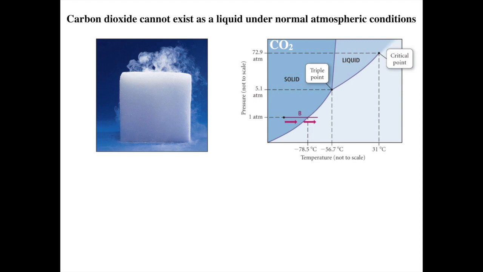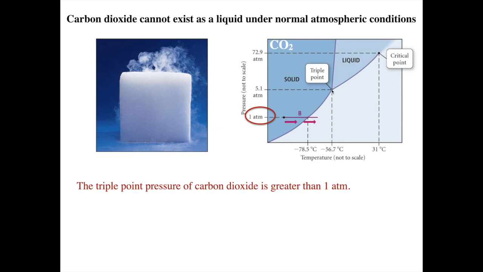Why is that? Well, here's one atmosphere that you find at the surface of the Earth. Where's the triple point? It's at 5.1 atmospheres for carbon dioxide. So that tells us to have a liquid, the lowest pressure we can have is 5.1 atmospheres.